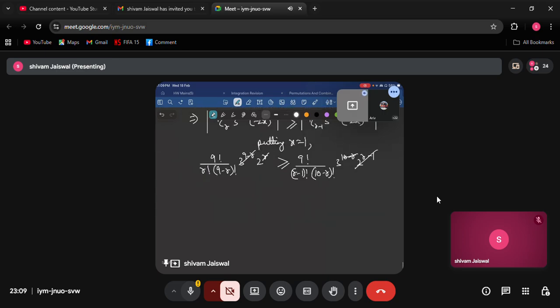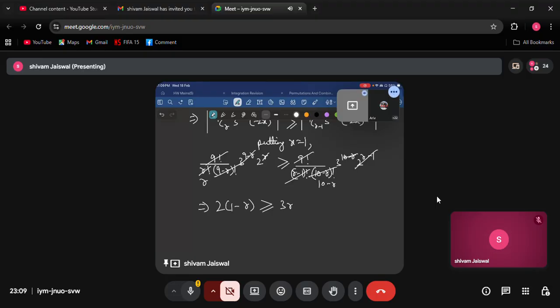Okay. So everyone, 9 factorial will get cancelled. Over here, these two will get cancelled by r. Over here, this will get cancelled by 10 minus r. So let us simplify. We are going to get 2 into (10 minus r) must be greater than or equal to 3 into r.